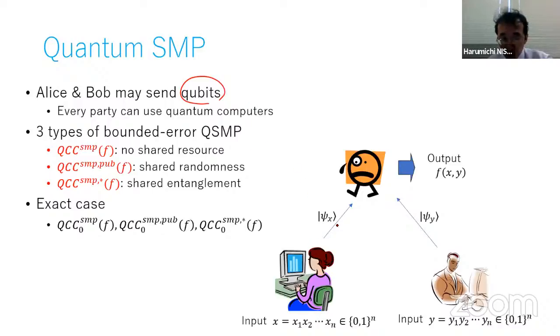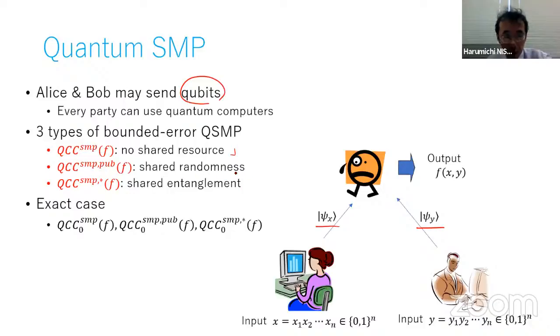Now we consider 3 types of QSMP model in the bounded error case and the exact case. In the bounded error case, of course, no shared randomness. Also, no shared entanglement. Entanglement is particular to the quantum case.